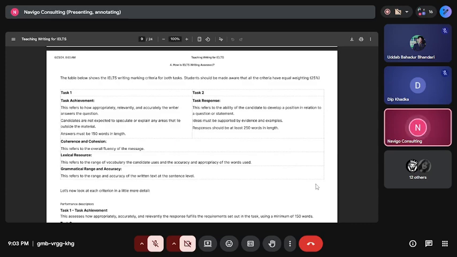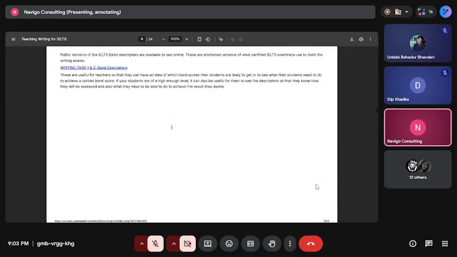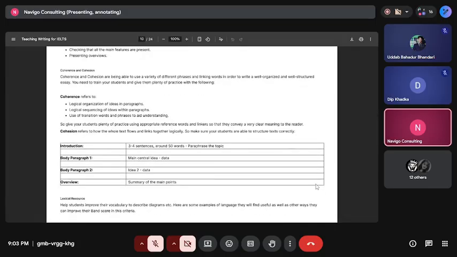Okay. Now let's see, it is given here too, coherence. Coherence and cohesion are being able to use a variety of different phrases and linking words in order to write a well organized and well structured essay, right?